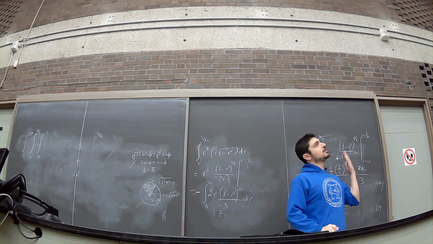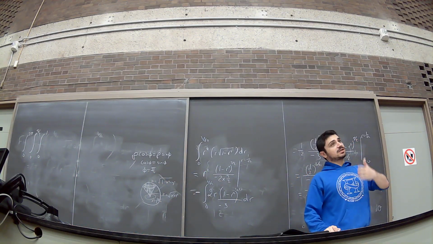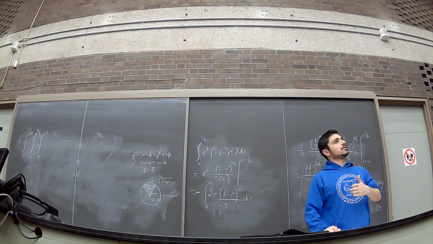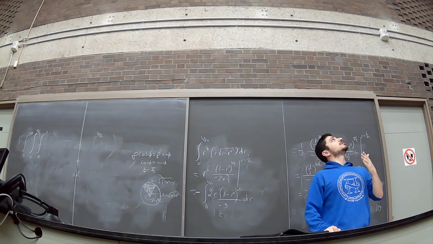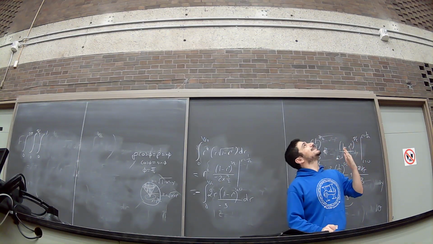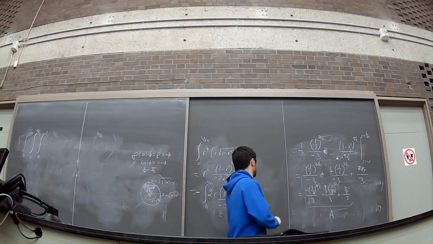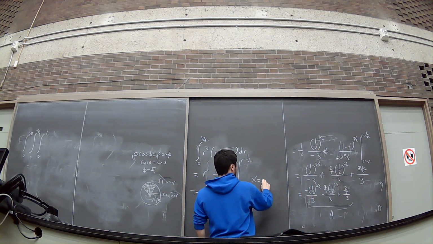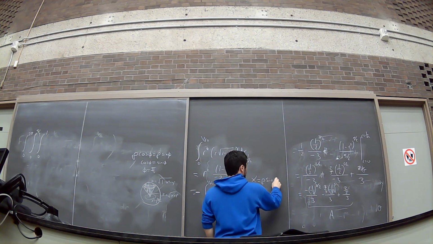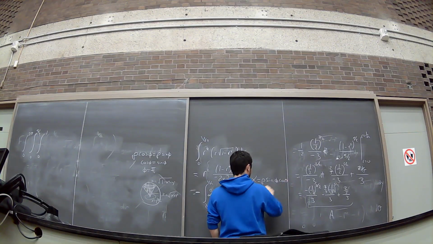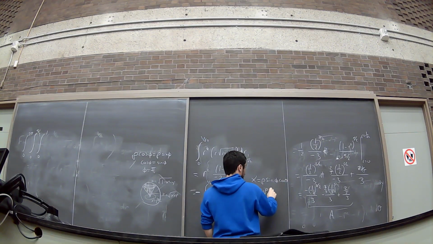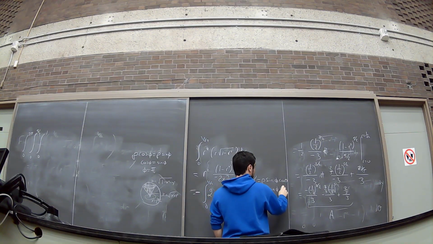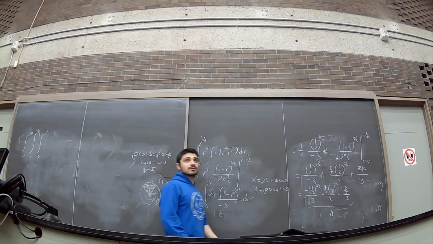Now what is x squared plus y squared in terms of spherical coordinates? It's just rho squared sine squared phi. x is rho sine phi cos theta, and y is rho sine phi sine theta, right?